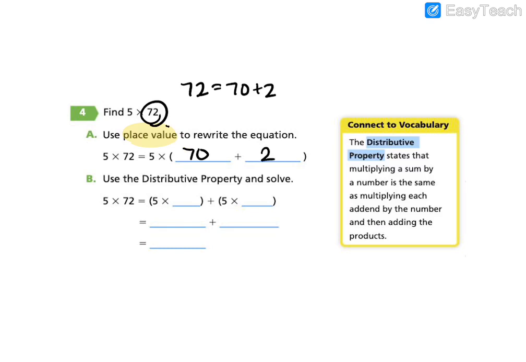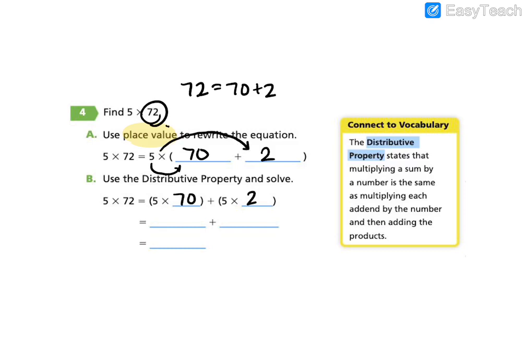Now here is where we use distributive property. Distributive property states that multiplying a sum by a number is the same as multiplying each addend by the number, then adding the products. Okay, so let's go through distributive property, and then I'll give you a visual as another way to understand distributive property. So we're taking what we did, 5 times 70, and then we're going to add 5 times 2.